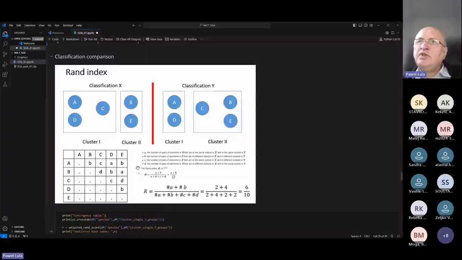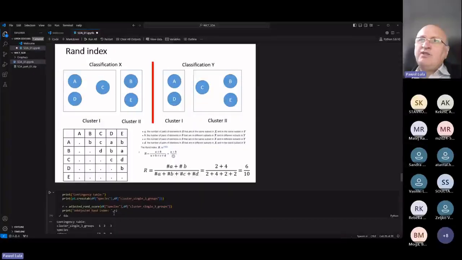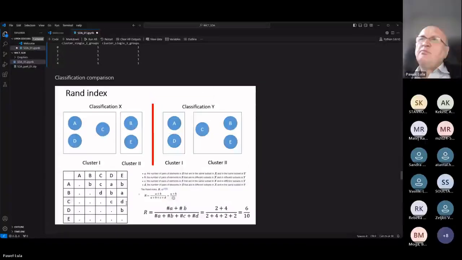In Python, we use some small changes, and therefore the implementation which we have in Python is called adjusted RAND index. But the idea is completely the same. In the adjusted version, we use only a scaling value which can improve the quality of this index.